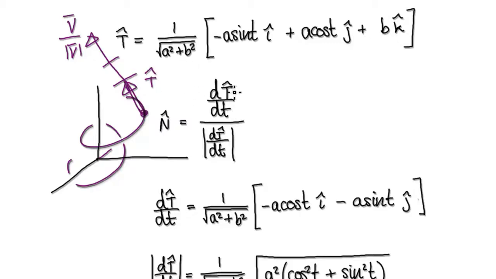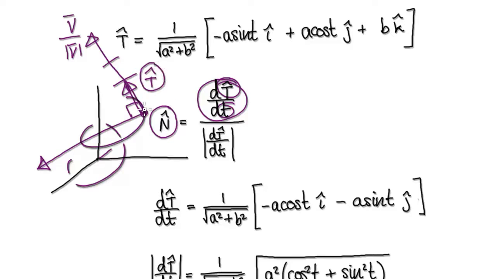And then remember, to work out the unit normal vector, you differentiate the unit tangent vector with respect to time. That will give you a new vector, and this new vector will be orthogonal to the unit tangent vector. But once you've got this new vector, if you want it to have a length of 1, then divide it by its magnitude. That's why you divide it by its magnitude.